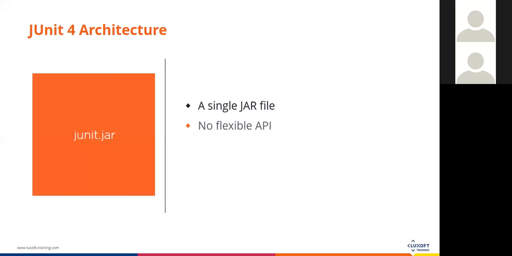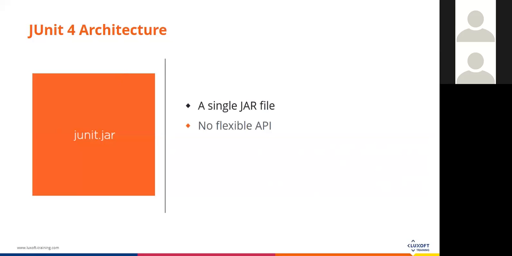So the designers of JUnit up to version 4 thought about providing the developers some good API, but as JUnit was very popular, it needed to be integrated with a lot of tools, most importantly with the IDEs. So there was some need for integration between JUnit 4 and Eclipse. There was some need for integration between JUnit 4 and IntelliJ, and many other tools.